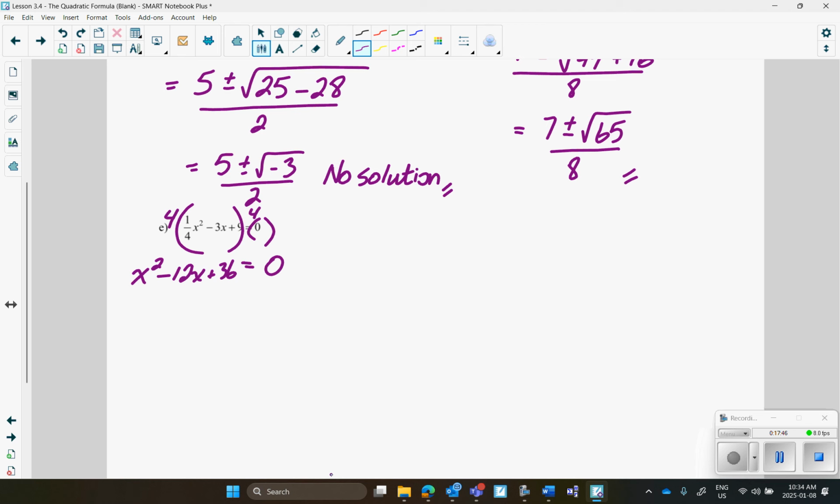This one, I'd like you to go from here. x equals negative 12, so I'm just going to make it 12, plus or minus negative 12 squared minus 4 times A, which is 1, times C, which is 36, divided by 2 times 1.